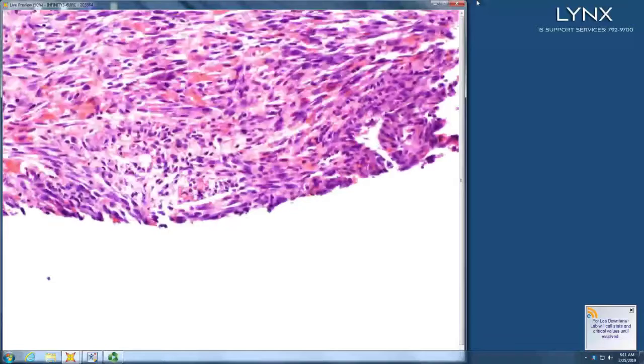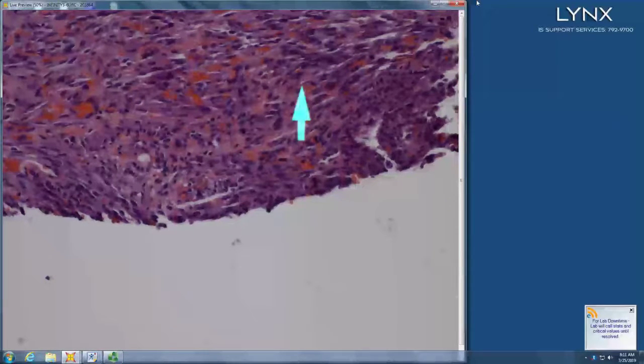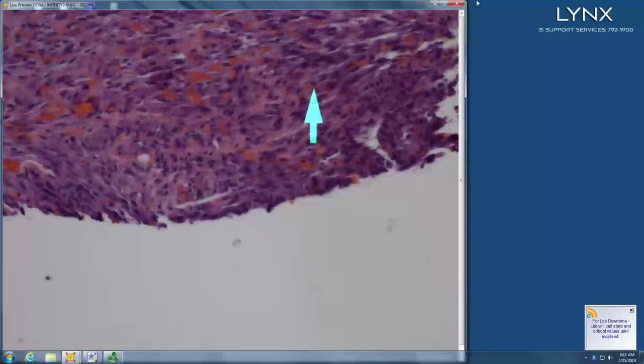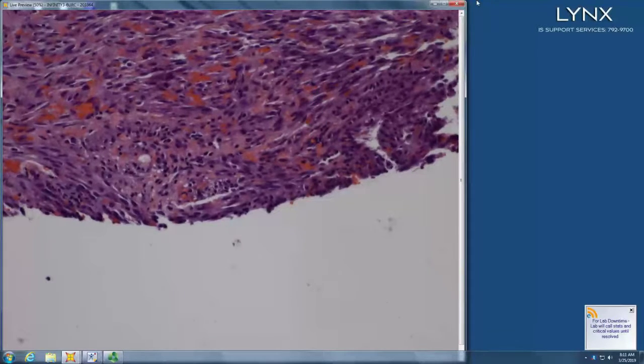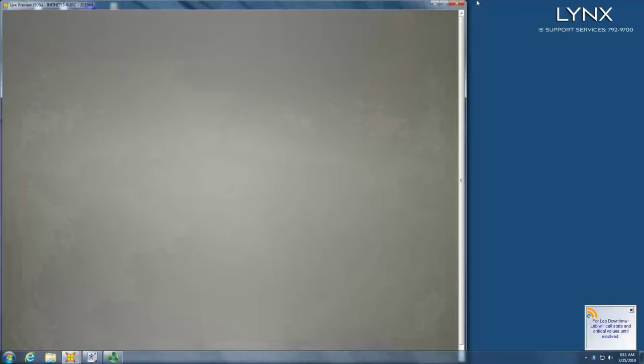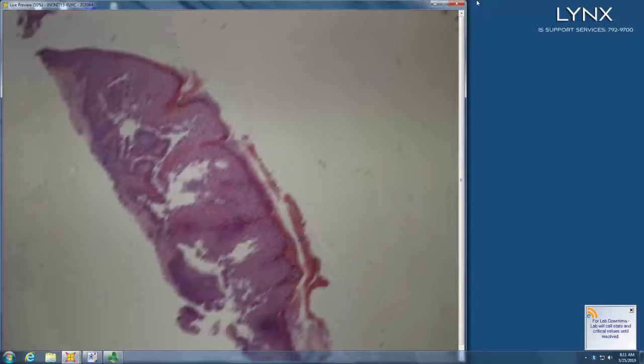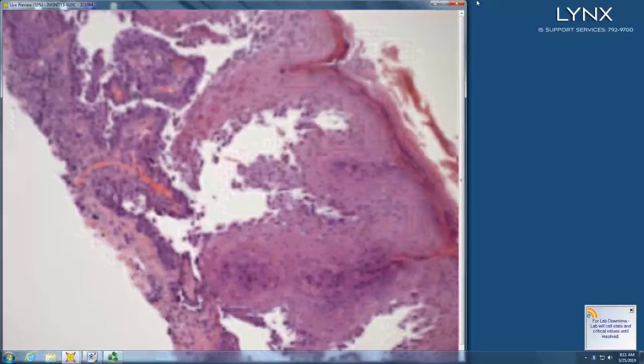Yep, spindle cells, erythrocytes between. This one is not a kid, and this one is KS. But you see how KHE comes by its name, honestly. It's very, very kaposiform.